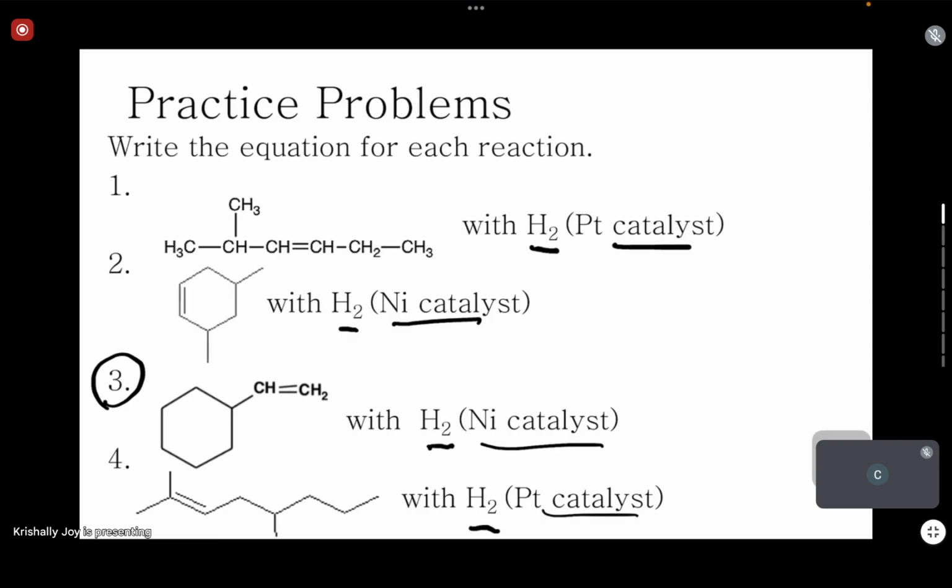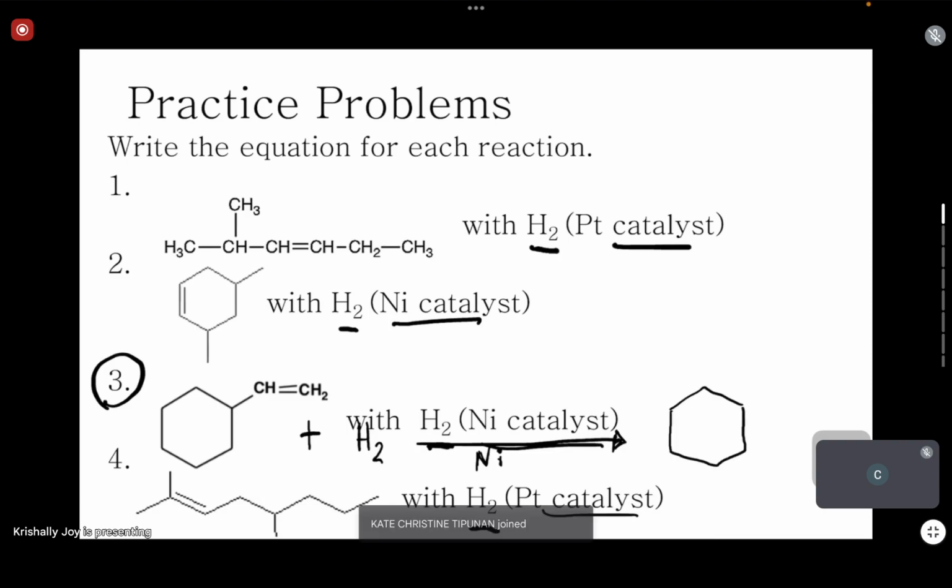Tama? So you complete the reaction. Sabi dito, this alkene is added with H2 or hydrogen gas in the presence of nickel catalyst. Okay? So kopyahin niyo yung buong structure. Yung hindi magbabago, of course, is yung walang double bond.